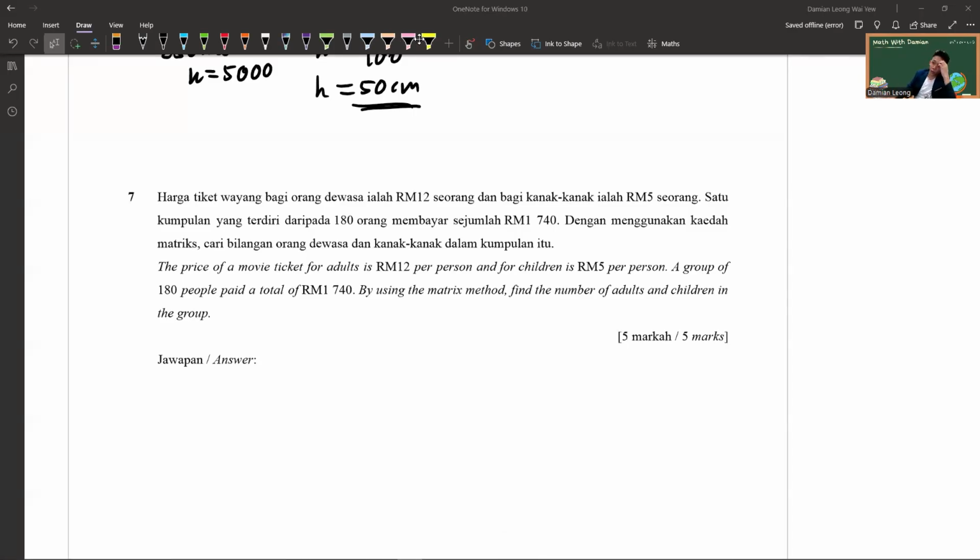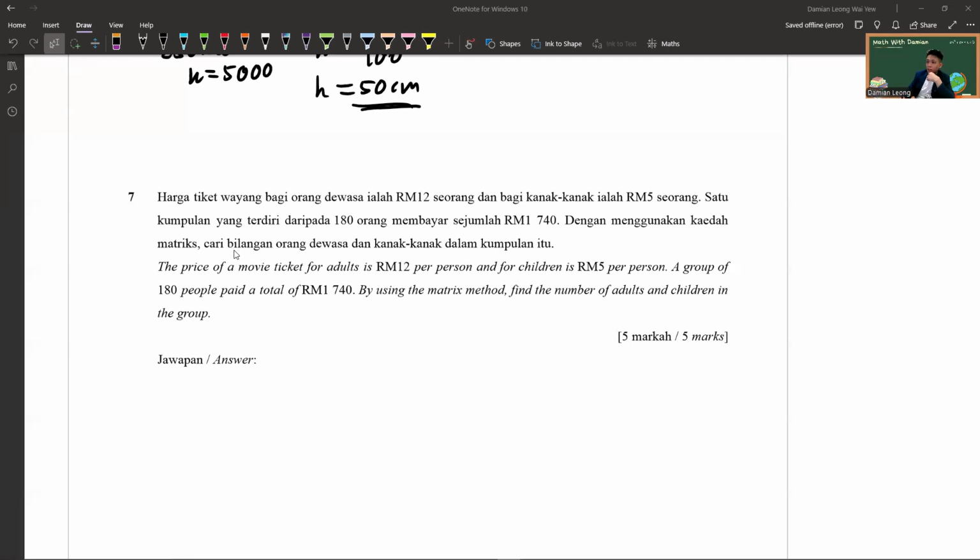Okay, then question 7. Price of a movie ticket for adults is 12 ringgit per person and children is 5 ringgit per person. A group of 180 people paid a total of 1,740. So by using matrix method, find the number of adults and children in the group. So we have to use matrix method here. So we form the two equations first. So we have a group of 180 people.